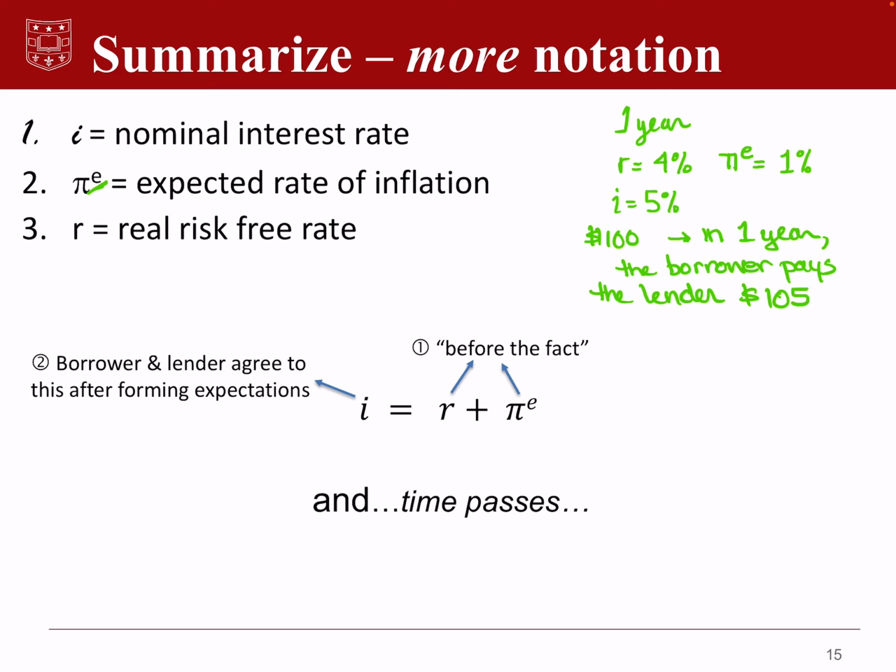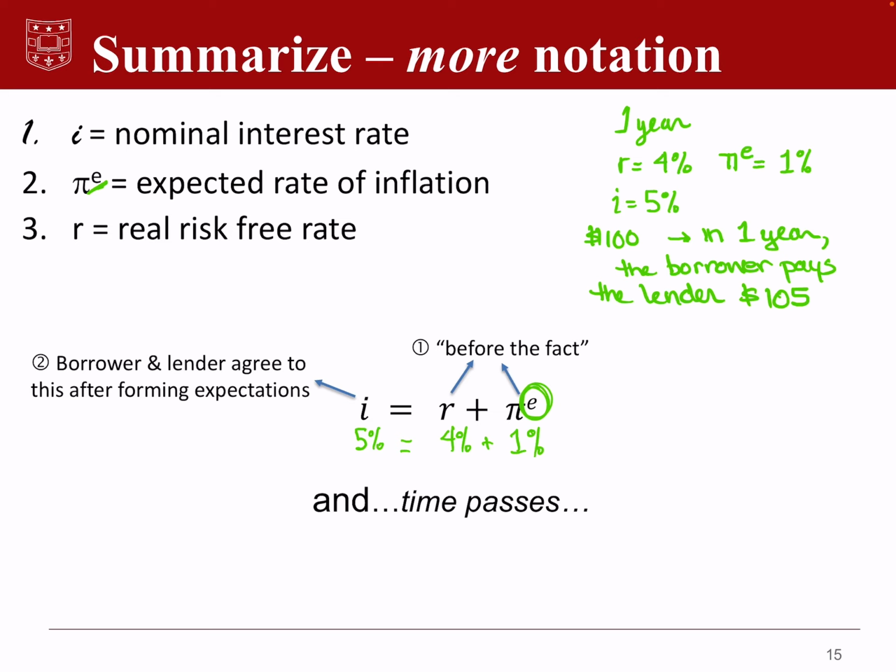So pays back the principal and 5% of that $100, so $105. So that's what we would be thinking about. So the borrower and lender agree to this 5%. That is the 4% risk-free rate and the expectation that inflation is going to be 1%. But this is, again, an expectation.